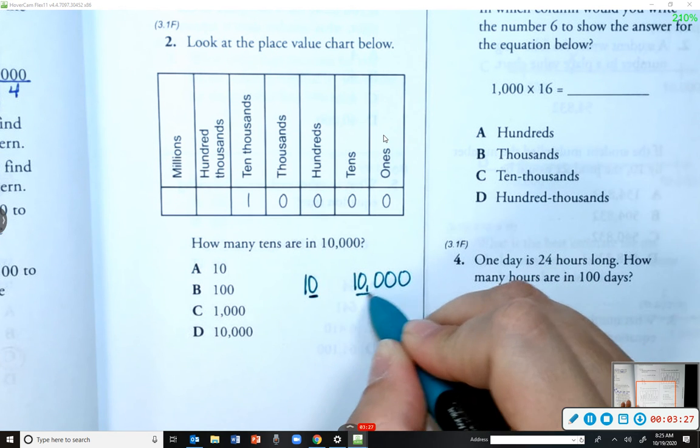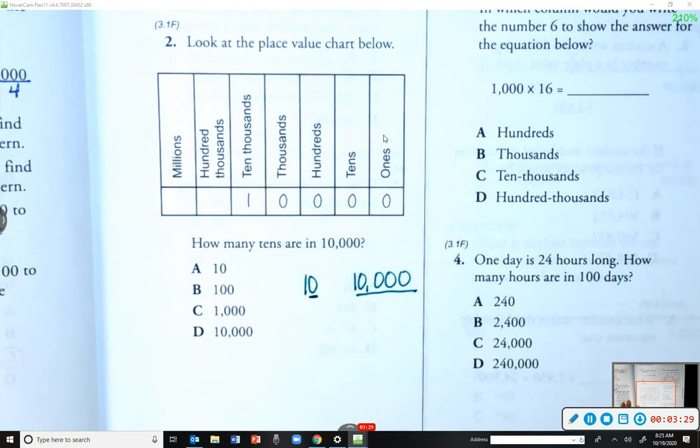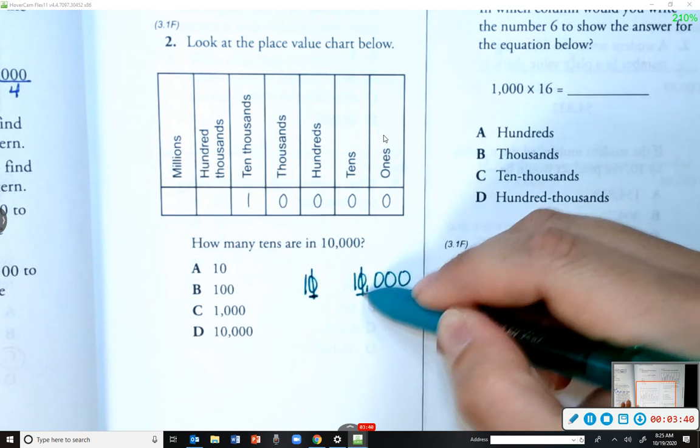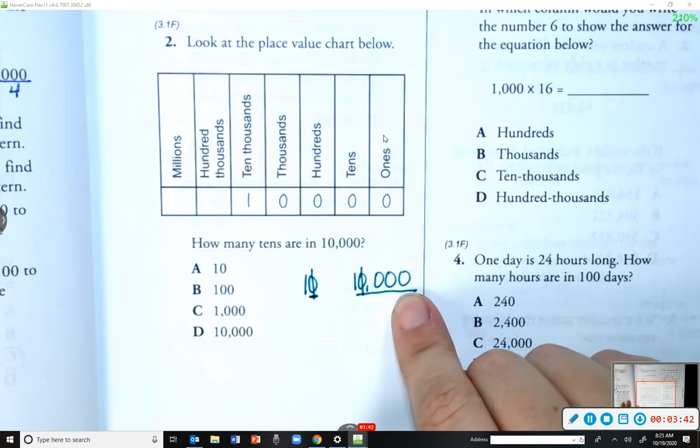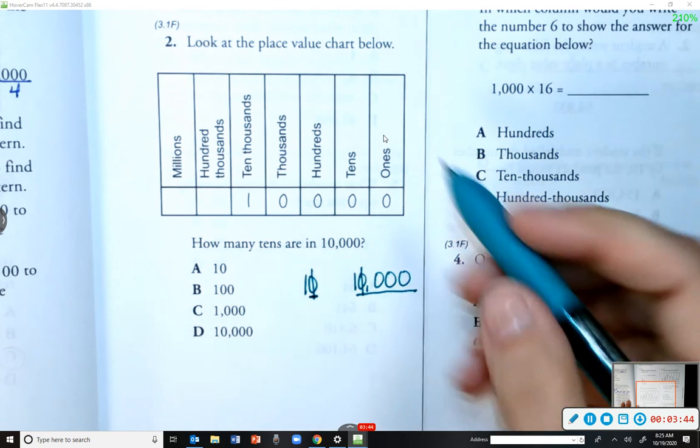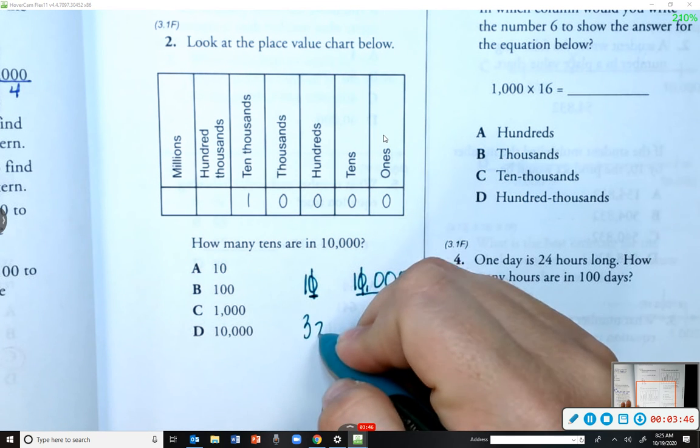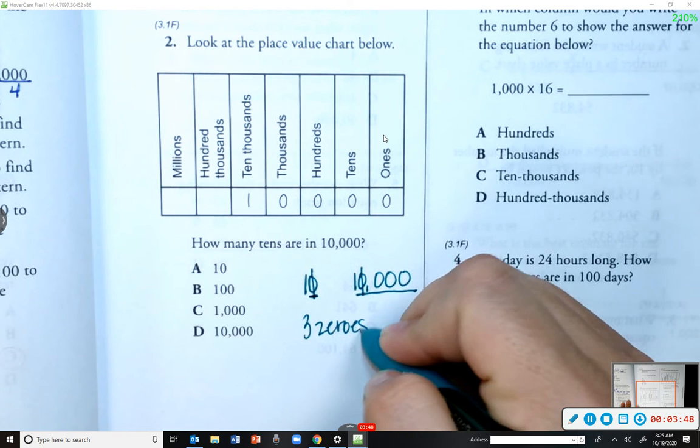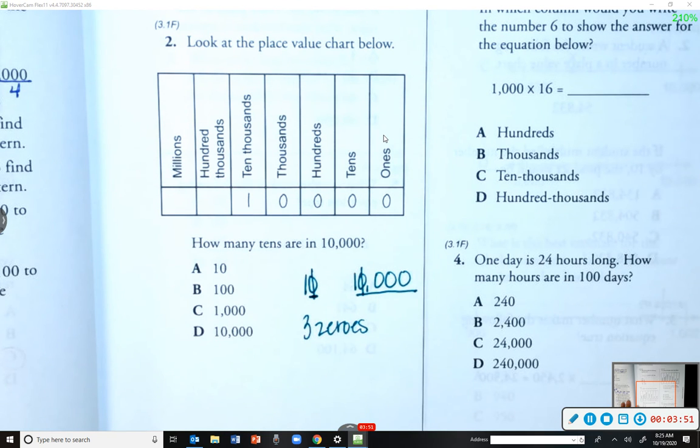And then to get to 10,000, how many more zeros do I need to put at the end of it? Evangeline? Not 2. So here's 1 for 10. So if I just cross those out, how many are left? 3. So to do 3 zeros on the end, what would I have to multiply by?